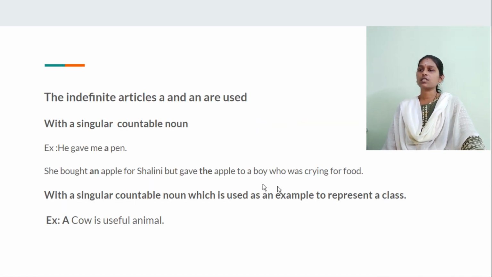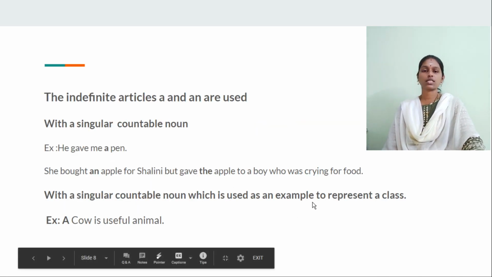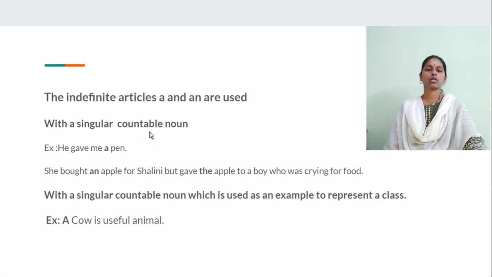These indefinite articles are used with singular countable nouns. You might have learned about countable and uncountable nouns in your earlier class. A is used with words starting with consonant sounds and an with words that start with vowel sounds. He gave me a pen.